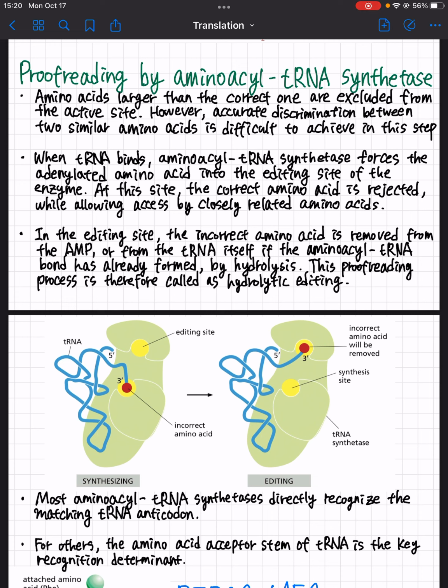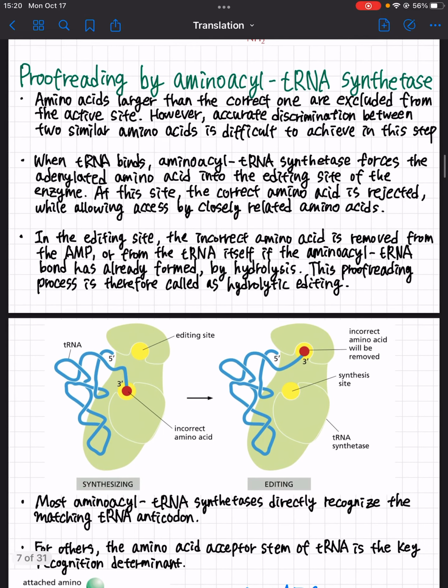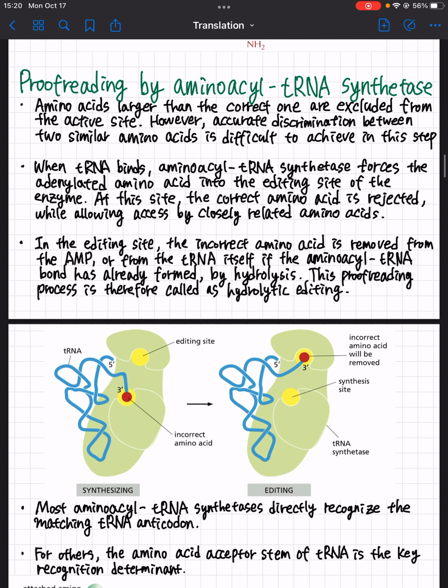So, the tRNA synthetase must also recognize the correct set of tRNAs. Most tRNA synthetases directly recognize the matching tRNA anticodon. These synthetases contain 3 adjacent nucleotide binding pockets, each of which is complementary in shape and charge to a nucleotide in the anticodon.